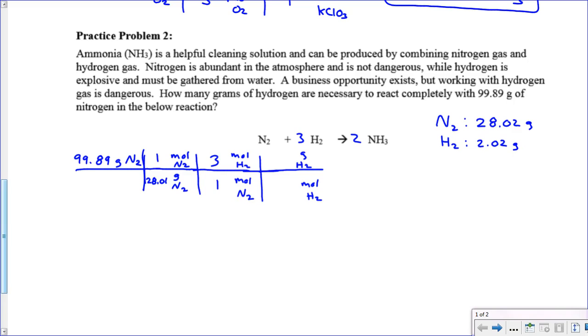And then grams to moles for H2, we've got 2.02 grams in 1 mole. It looks like we have 3 significant figures in this problem because 2.02 limits us to 3 sig figs. When you do that, you should get 21.6 grams of H2.